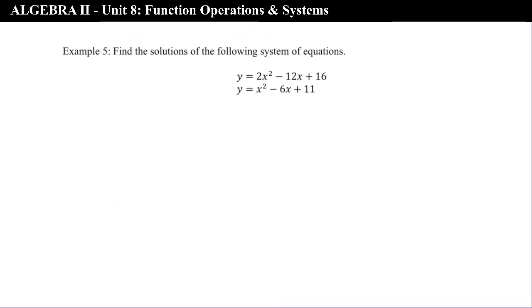Similarly, we can also find solutions algebraically by solving a system of two equations with two unknowns. Even though they're both quadratic, here's how you would go about doing it. So again, we have y here and we have a y here, so we can set those y's equal to one another. So let's do that.